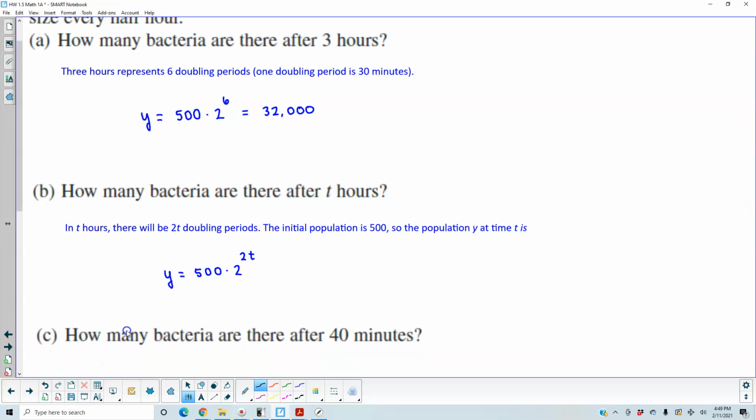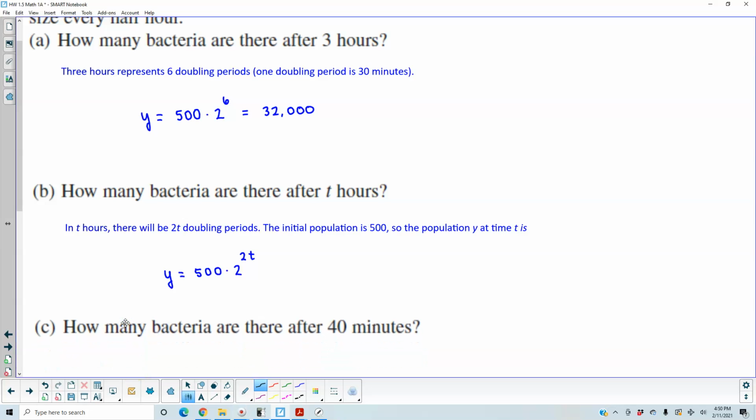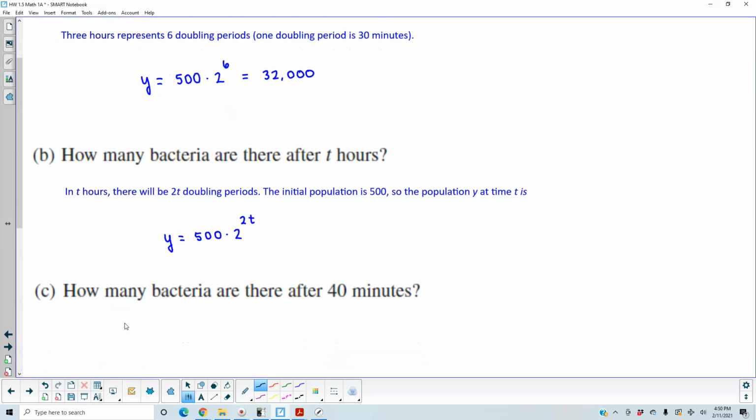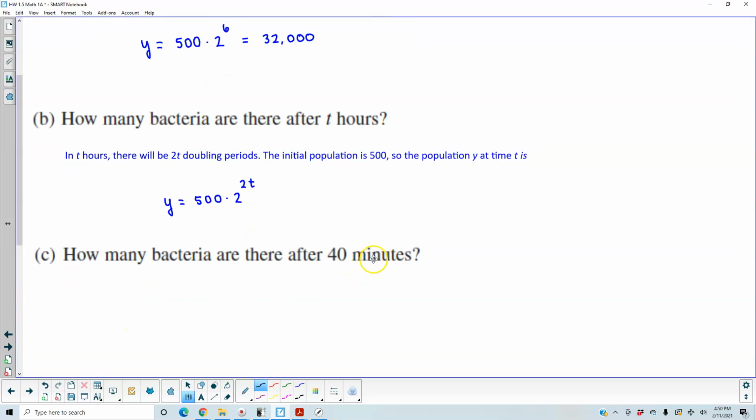Okay, so part C, it says, how many bacteria are there after 40 minutes? Well, the first thing we need to do is convert our minutes into how many hours that would be. So T is going to equal 40 minutes divided by 60, which reduces to 2/3.